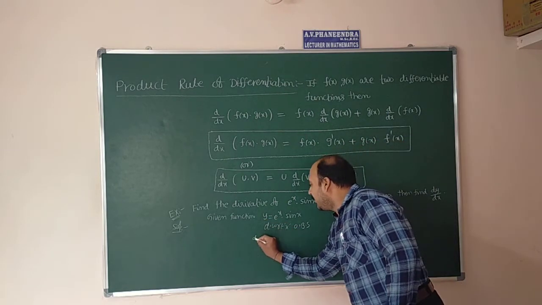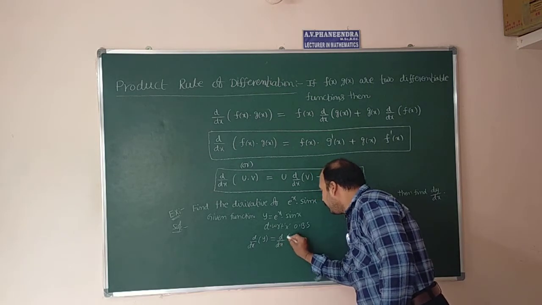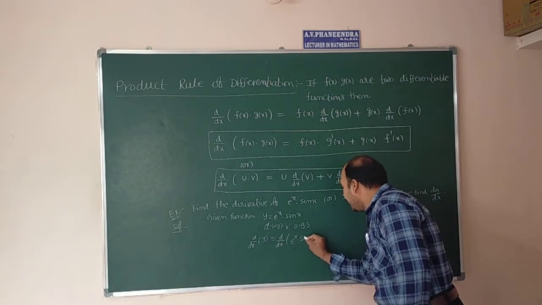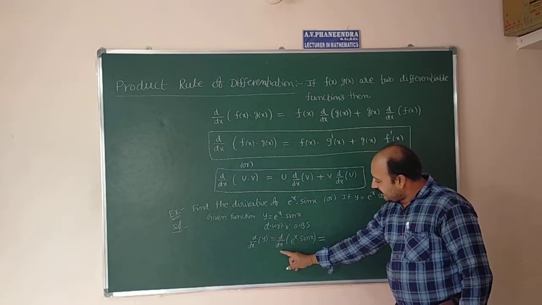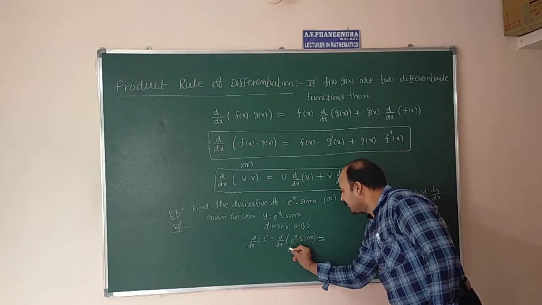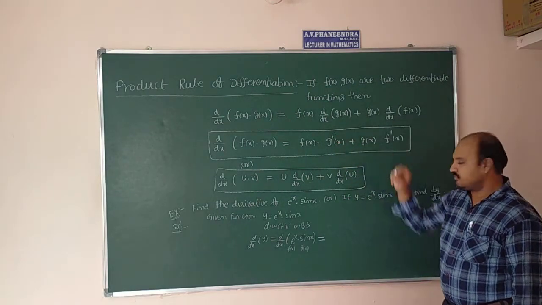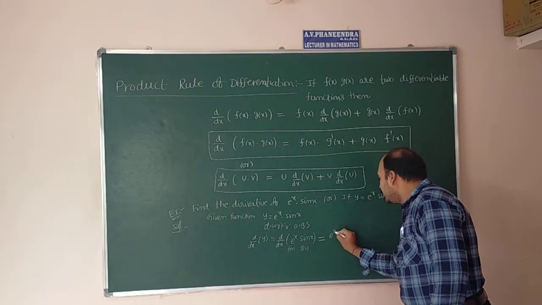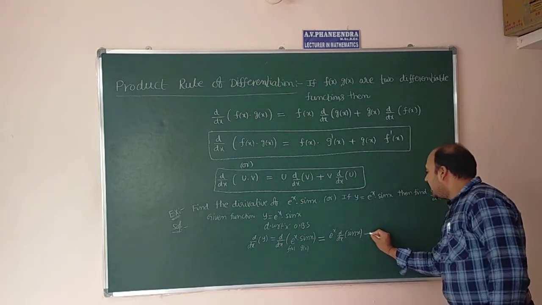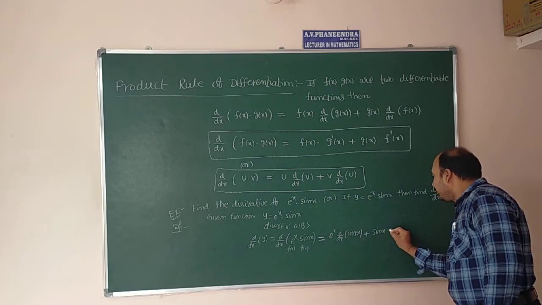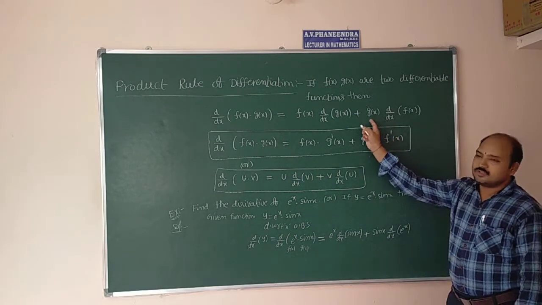So d by dx of y is equal to d by dx of e power x into sin x, which is in the form of d by dx of f of x into g of x. Here it is f of x, here it is g of x. So you have to apply this formula, which is equal to e power x into d by dx of sin x plus sin x into d by dx of e power x, according to this formula.